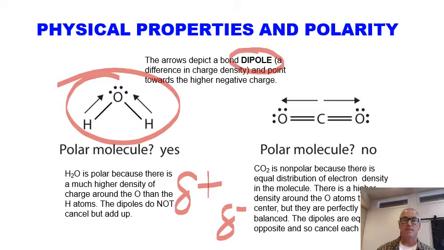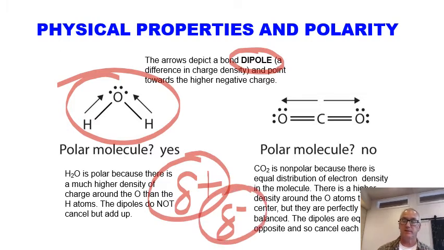What's a dipole? A dipole just has a large difference in charge density, where you have a partial positive and a partial negative. You have a dipole. And the arrow points to the more electronegative of the two.